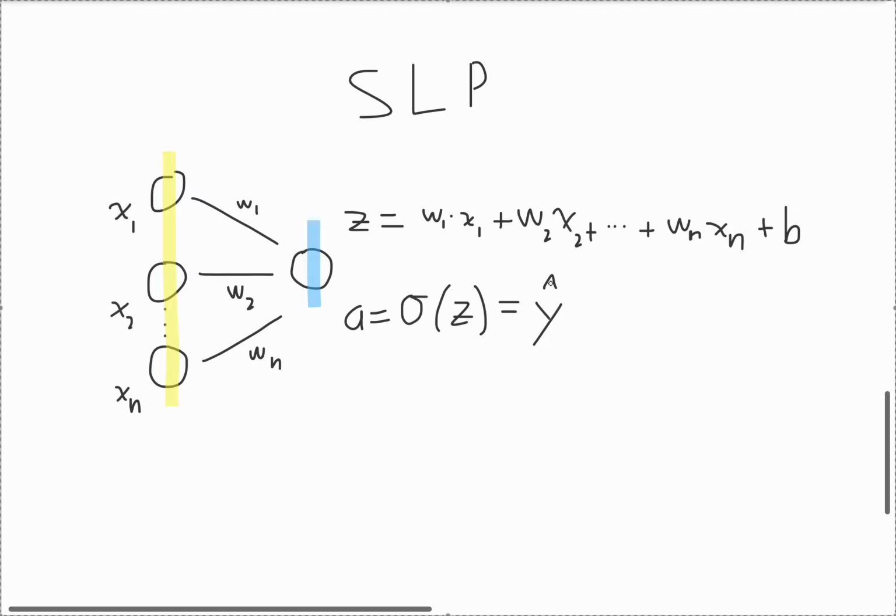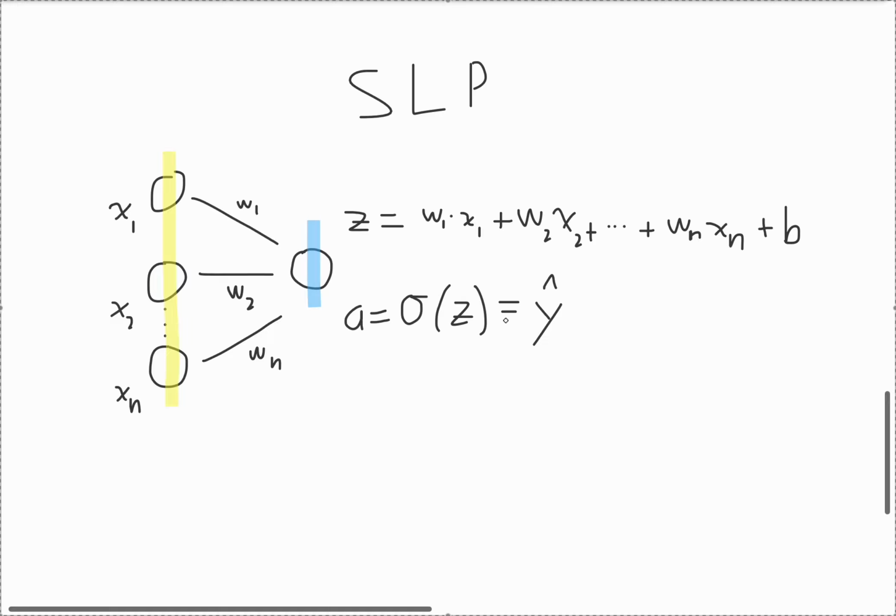So you'll recall that we generate the output of a single layer perceptron by taking the weighted sum of the inputs, x1, x2, xn, with their corresponding weights, weight 1, weight 2, weight n, and so on. We add them all together, add a bias term, and pass that z through an activation function, and that's our output.